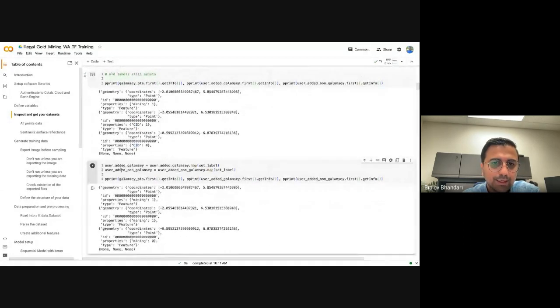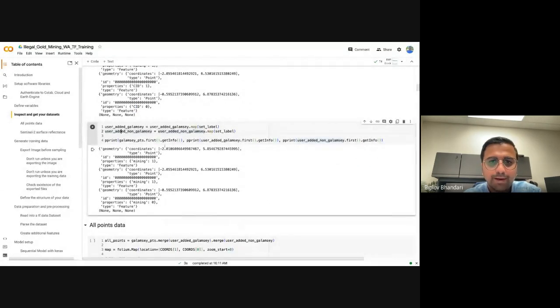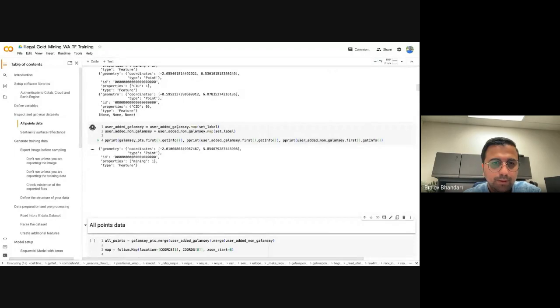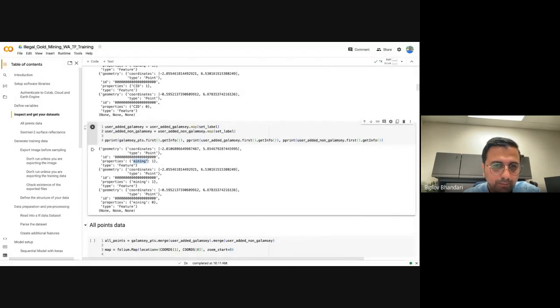So in the next line of code, I'm setting a proper name for our feature collection. When you run that, you now have mining and non-mining. So we have a feature collection with a proper property name that we can easily combine together.